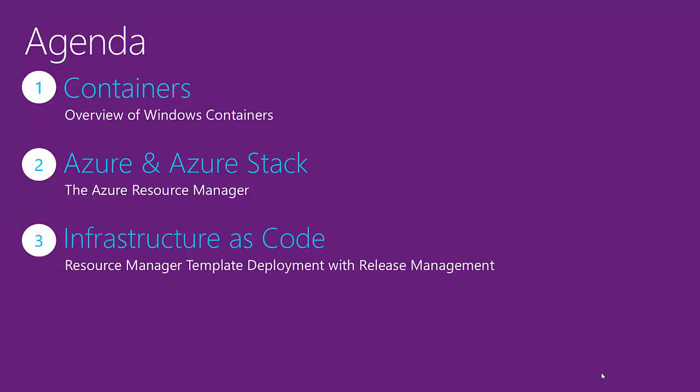infrastructure as code. We're going to spend some time taking a look at what it looks like to write infrastructure as code using what is known as resource manager templates. These are JSON templates that essentially depict precisely what it is we want in our infrastructure.